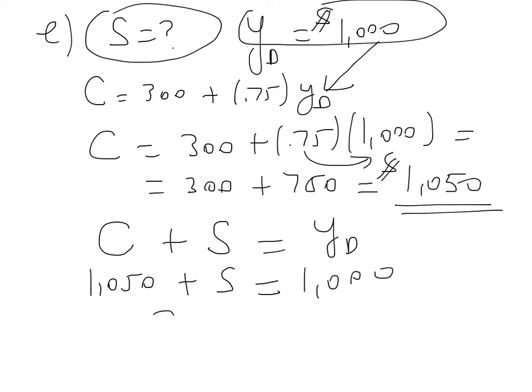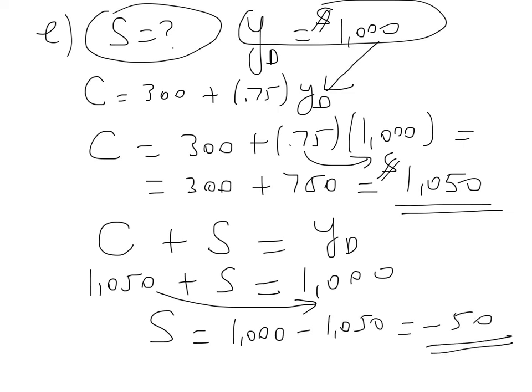So in this case savings is going to be, this one goes the other way and I change the sign, 1,000 minus 1,050, so that's going to be minus 50. Negative savings, which is interpreted as borrowed money. Negative savings is always borrowed money. So if I only make 1,000 a month, then I need to borrow $50 to cover my expenses.